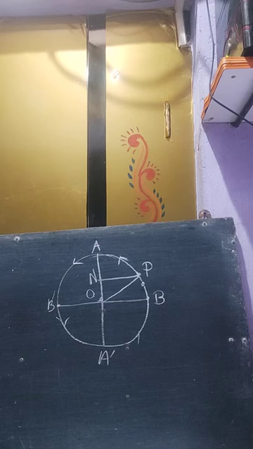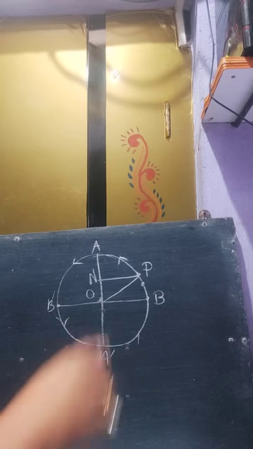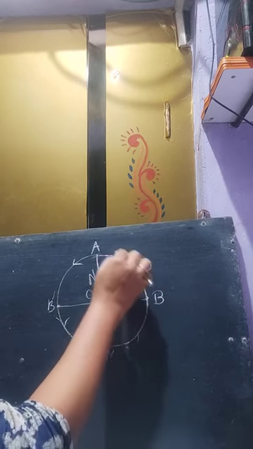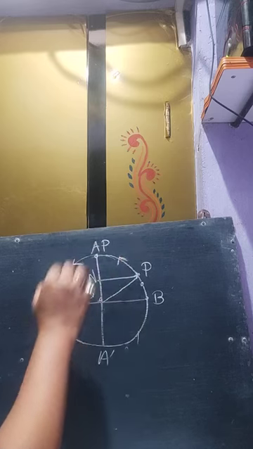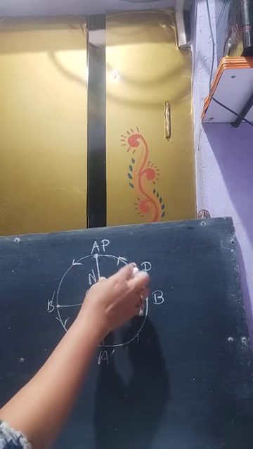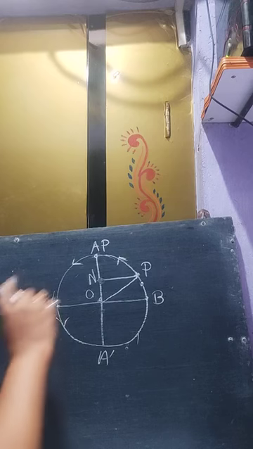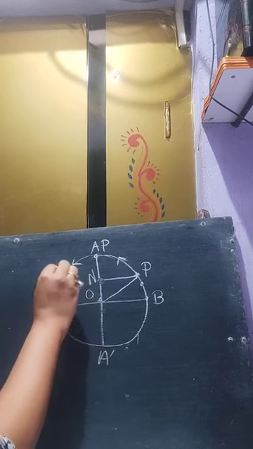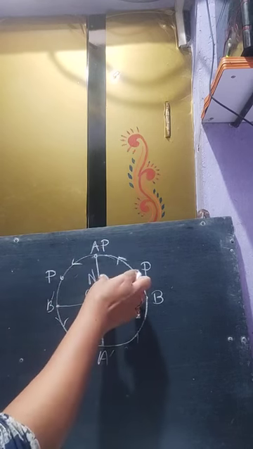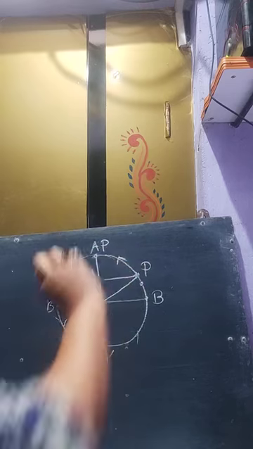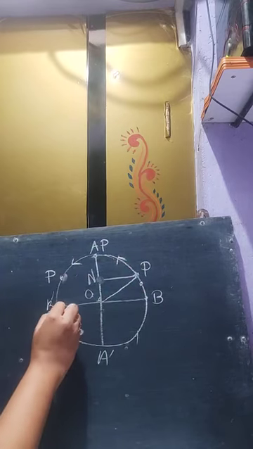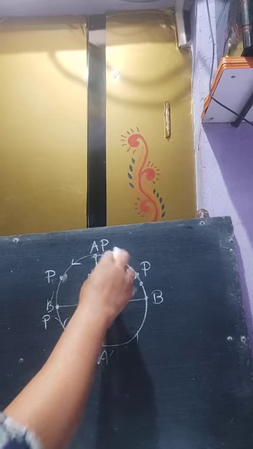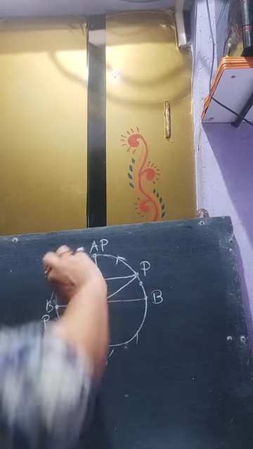Let us understand this very clearly. Suppose P is here. When P comes to this point, the projection comes here. Again, when P comes here, this projection PN comes here. And when P comes here, the projection again comes here.